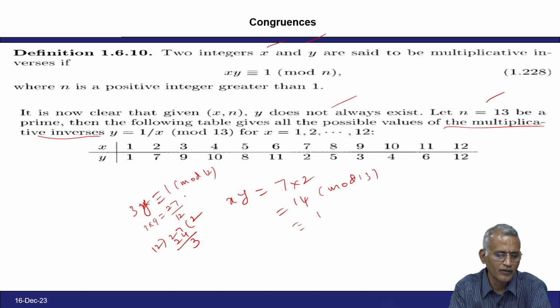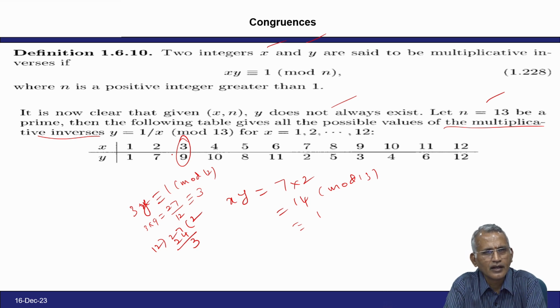Therefore, the inverse of 3 is 9, or 9 is the inverse of 3.